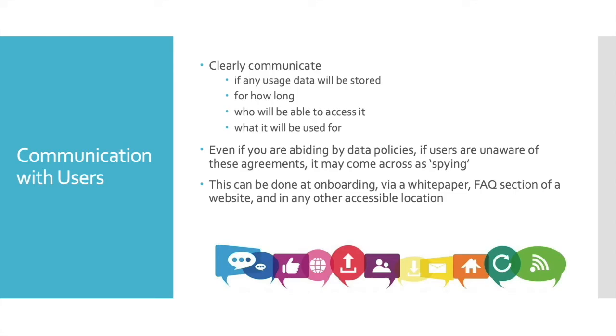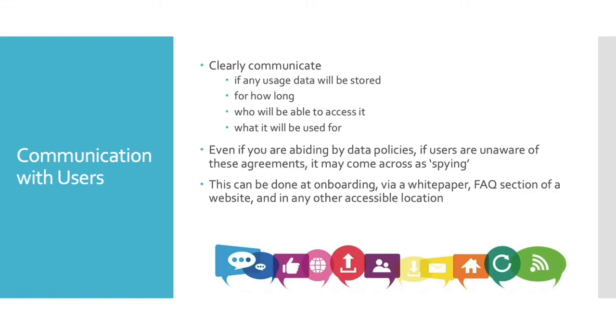The most important thing to start with is communication. You should clearly communicate to users if their data will be stored, for how long, who can access it, and what it will be used for. Even if you are abiding by these data policies, if users are unaware of these agreements, it may come across as spying.